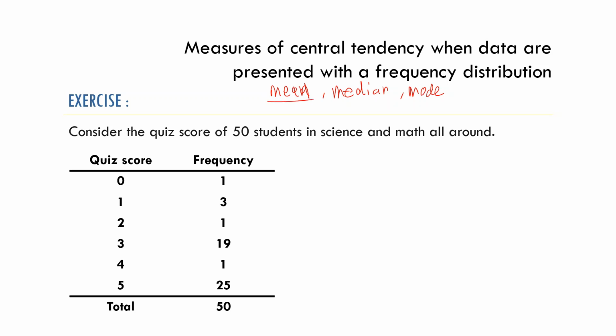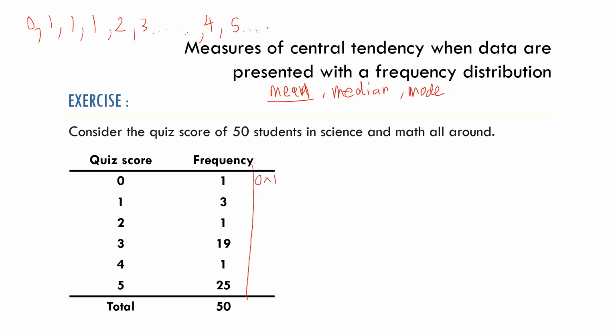To find the mean, you have to find the overall total score. So here the total score, let's see, the set is going to be quiz score 0, quiz score 1 has 3 times, and 2 1 time, and 3 19 times, 4 1 time, and then 5 25 times.